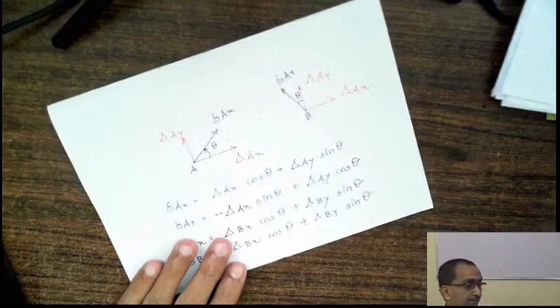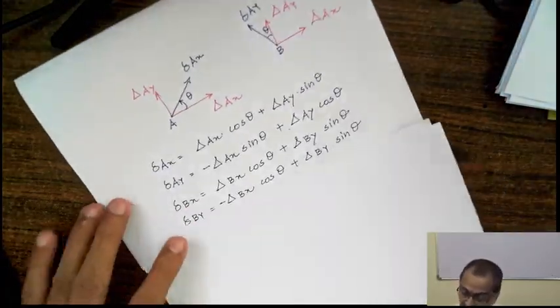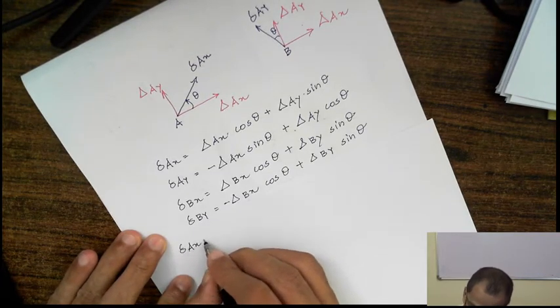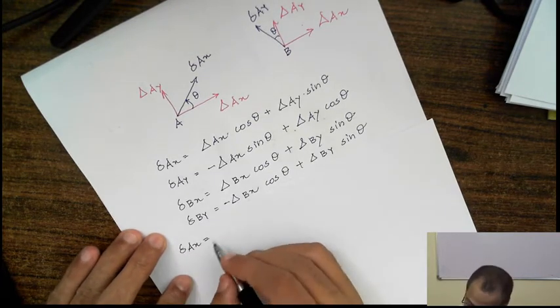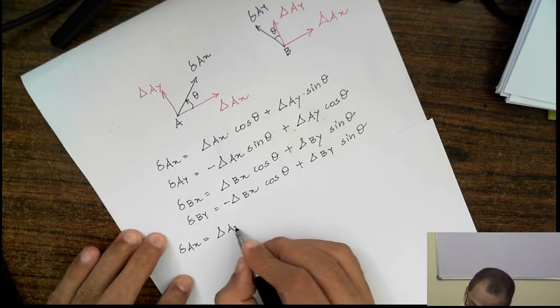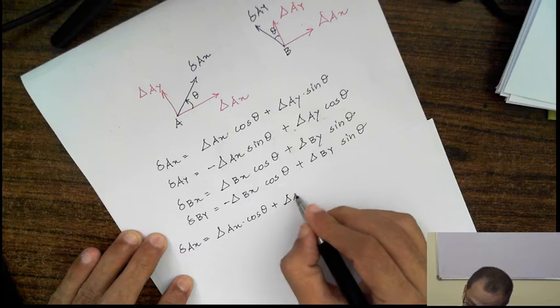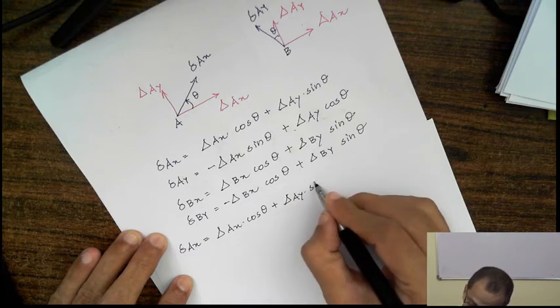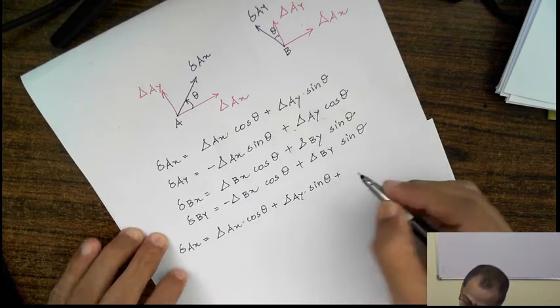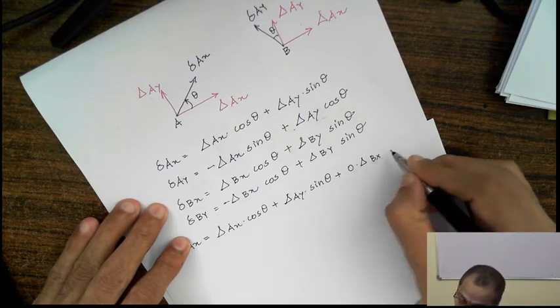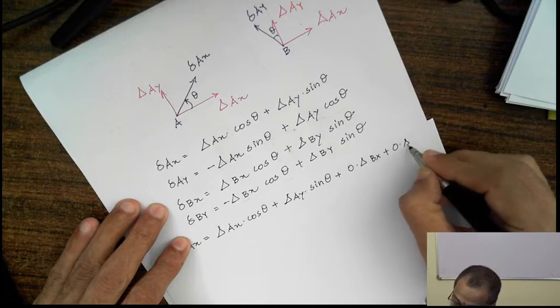So can I write an expression for delta AX? Now I will elaborate this expression. I am writing del AX, local displacement in x direction, is equal to delta AX cos theta plus delta AY sin theta plus 0 into delta BX plus 0 into delta BY.